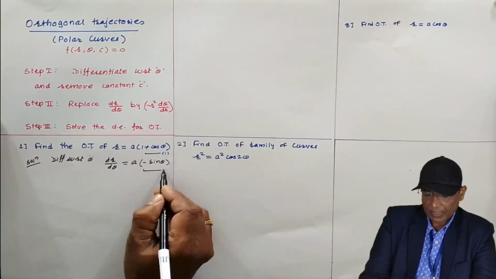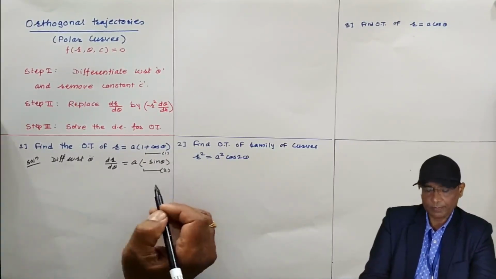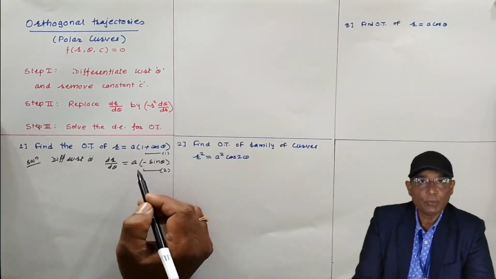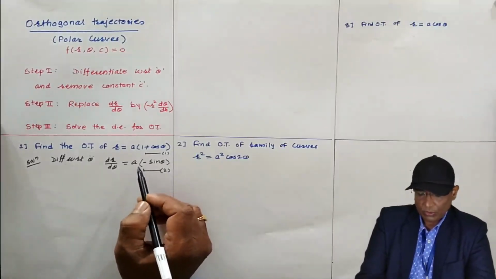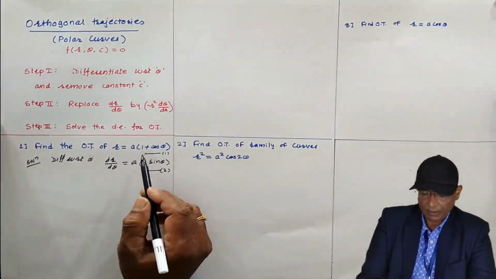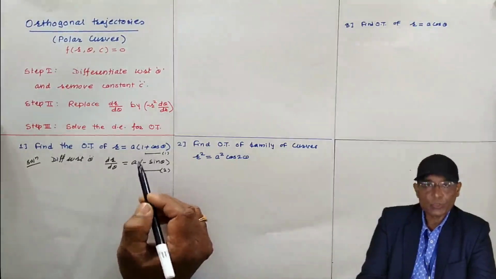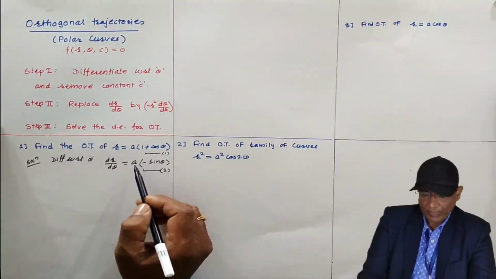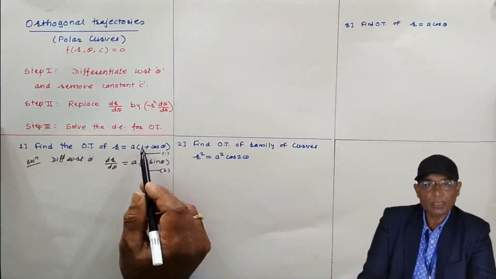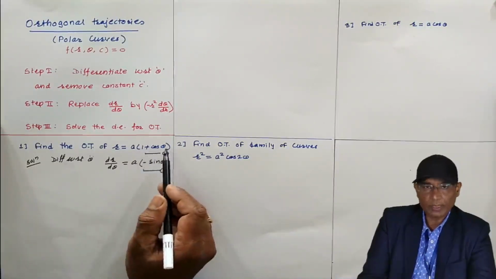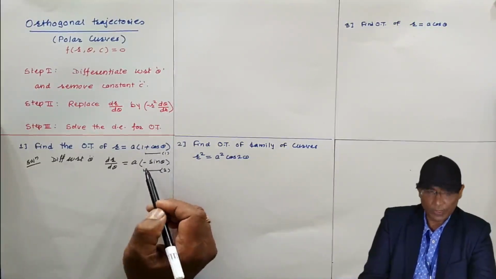Now after taking the derivative, you have obtained the second equation, but a has not been removed by taking the derivative. So what to do? Remove a from these two equations: find the value of a from here and put it in equation 1, or find the value of a from equation 1 and put it here.